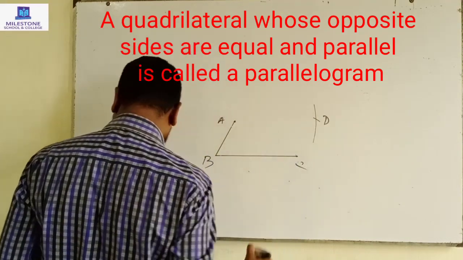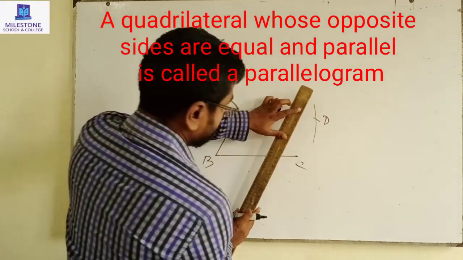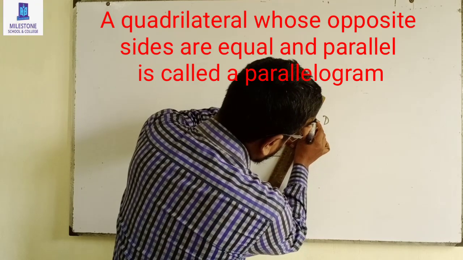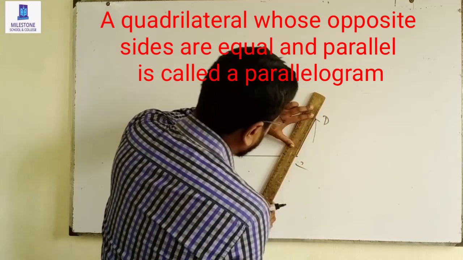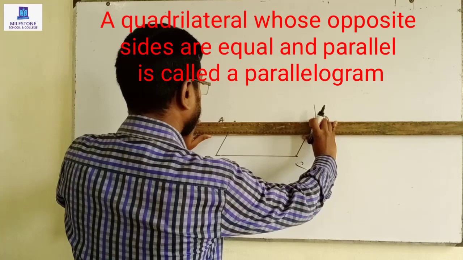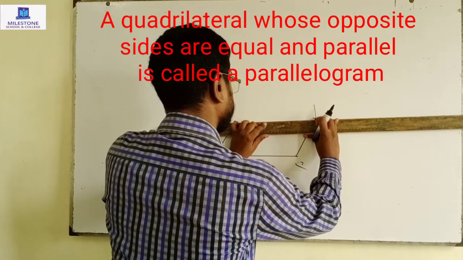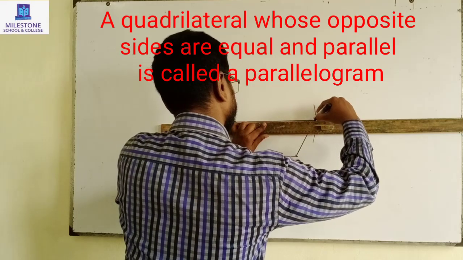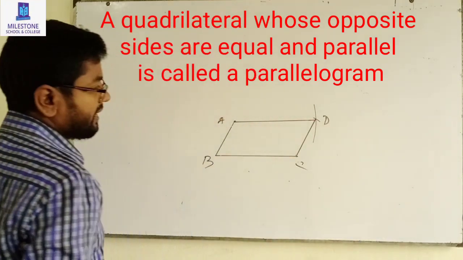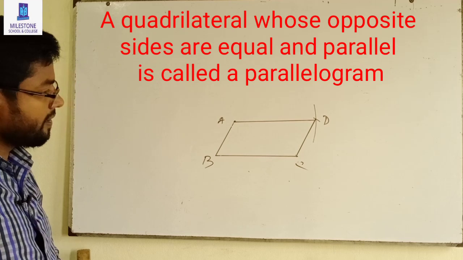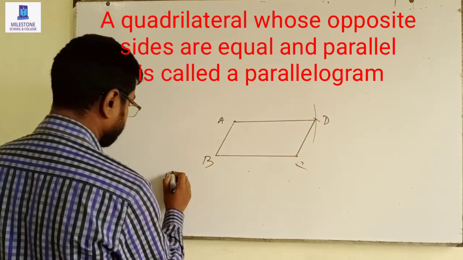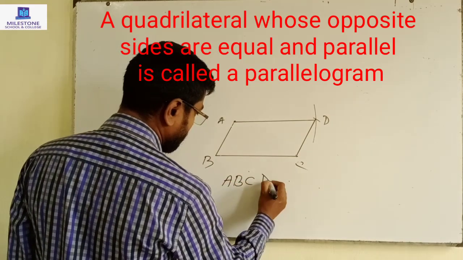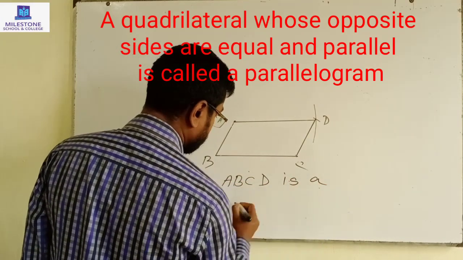We can call it D. Now we can add it. D and C we will add, and A and D we will add. Okay, exactly. Now we can say here ABCD is a parallelogram.